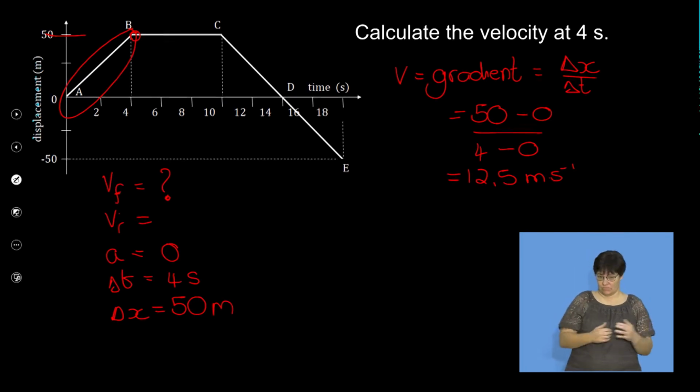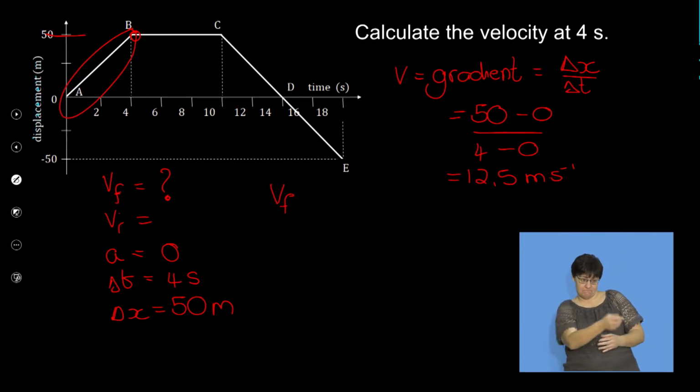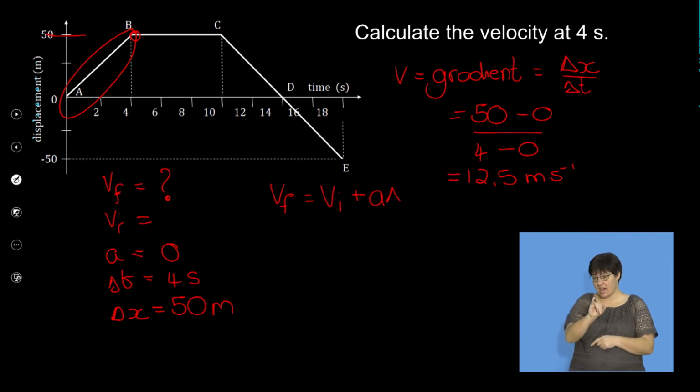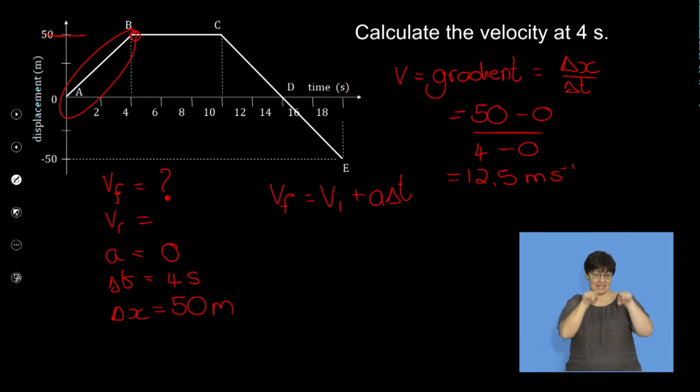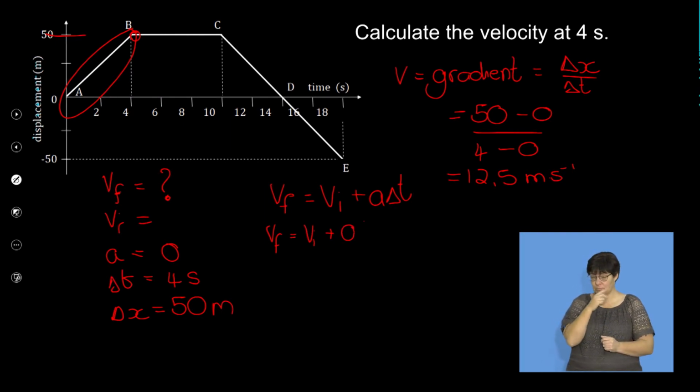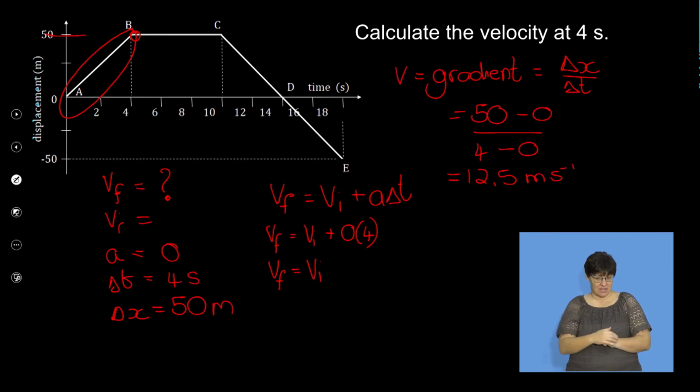So when we look at this, I know that VF equals VI plus A delta T. We've just said that A is 0, so when we take this, this is going to be 0 times 4. This is very important for me to take note of, because what I'm now telling you is that VF equals VI. How do I know that?